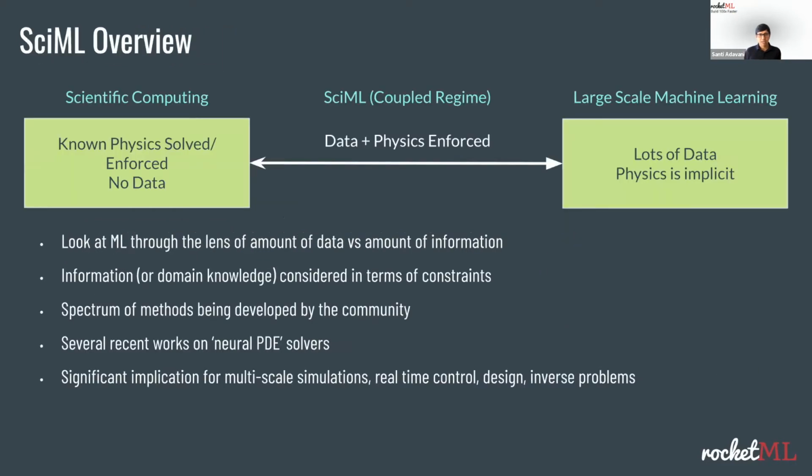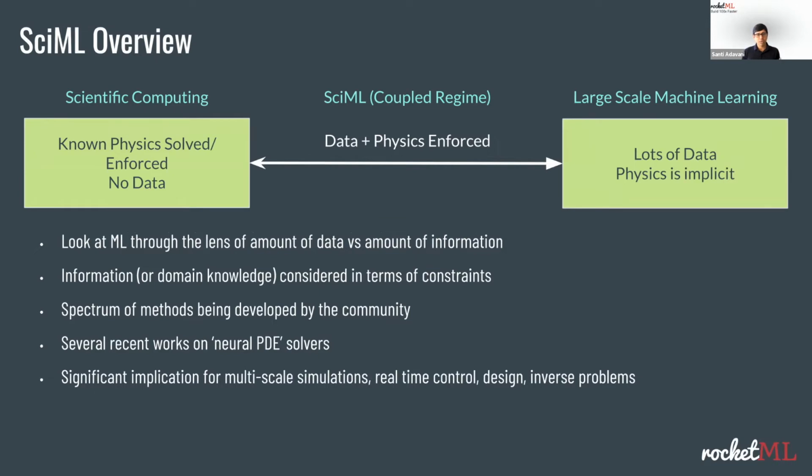And looking at this from a point of view of data versus amount of information, the way to internalize SciML is, on the left-hand side, you have scientific computing. That is, you have known physics, laws of physics, like your Navier-Stokes equations, Poisson equations, reaction diffusion equations to simulate different physics.